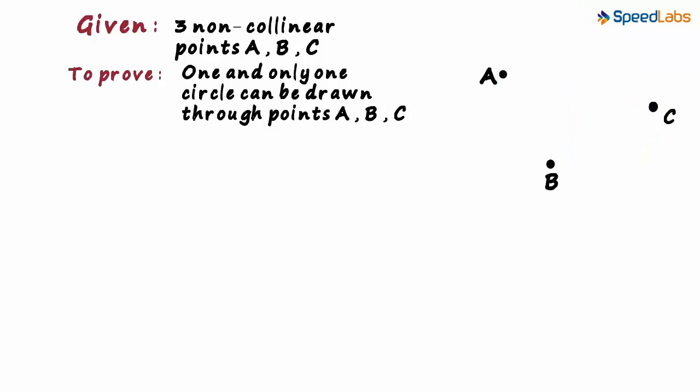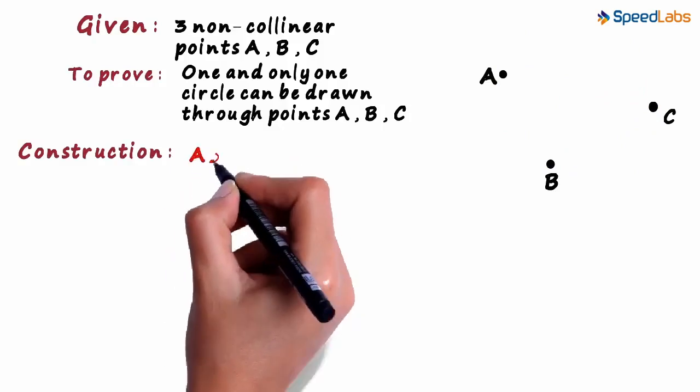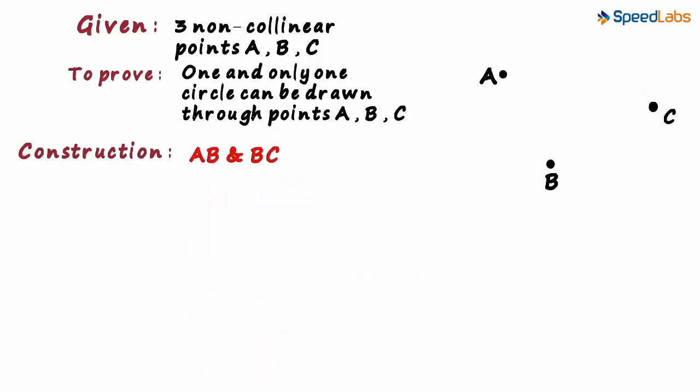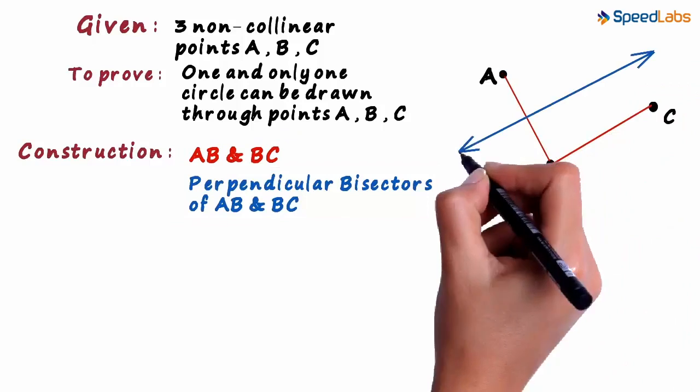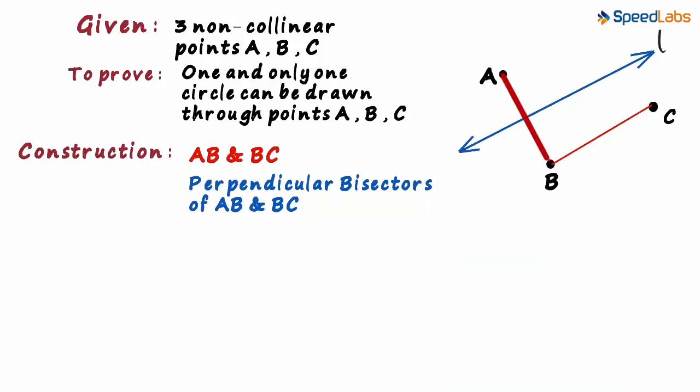We will need to do a bit of construction for that. First, let's draw line segments AB and BC. We join A and B and points B and C. That was the first step of our construction. To get point O, we can draw the perpendicular bisectors of segments AB and BC. Let line L be the perpendicular bisector of AB.